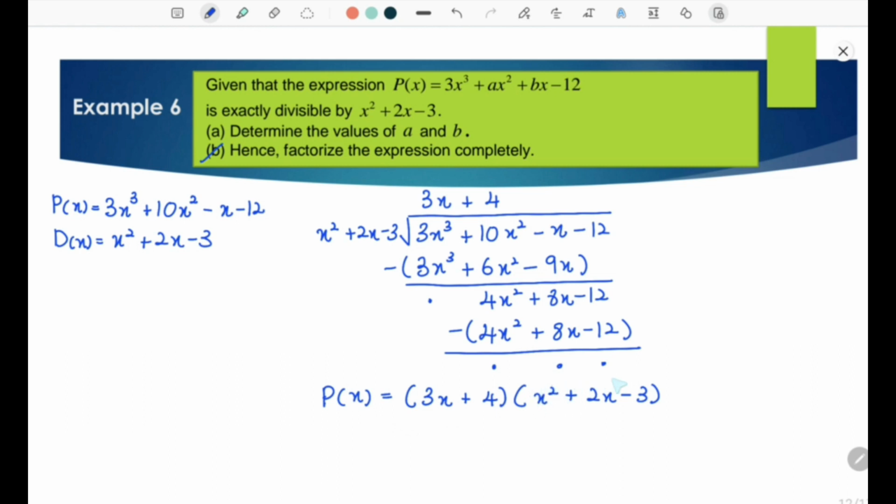Next, we need to factorize the divisor here. So we get 3x plus 4, and after you factorize the divisor, we get x plus 3 times x minus 1. Therefore, P(x) equal to (3x plus 4)(x plus 3)(x minus 1).